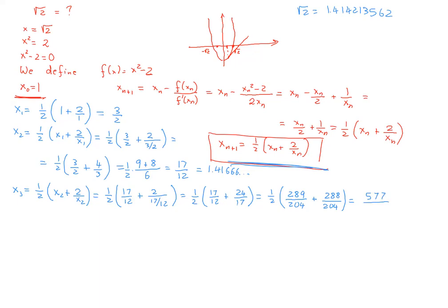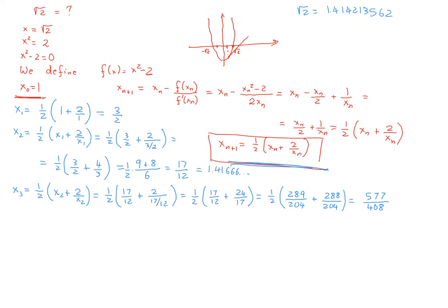over, so I have 204, and I also have my denominator, which will make it 408. Okay, so 577 over 408. And let's use a calculator. Again, you could do this division even in the scenario of our deserted island, but then again, it will take a little more time.